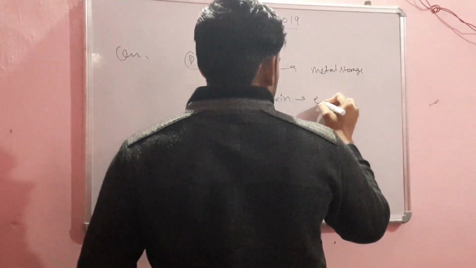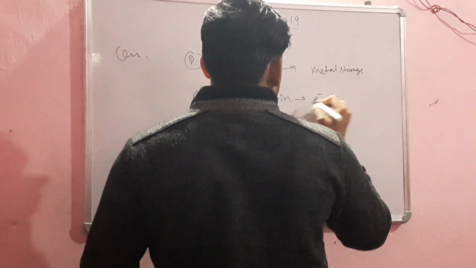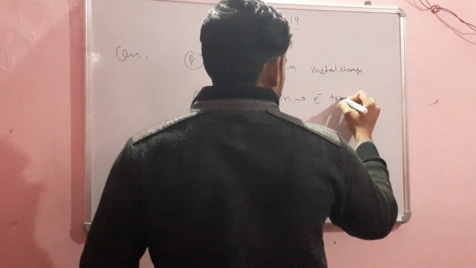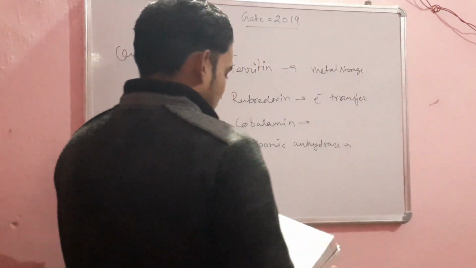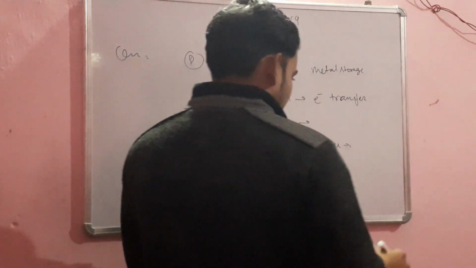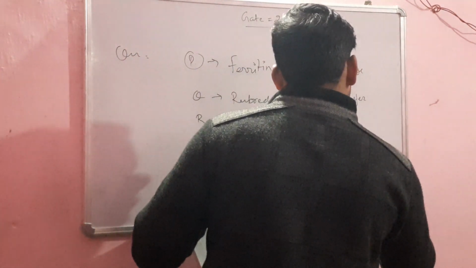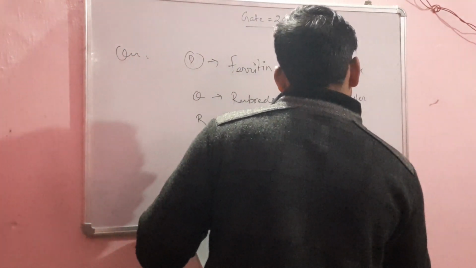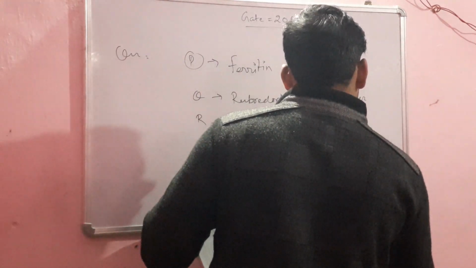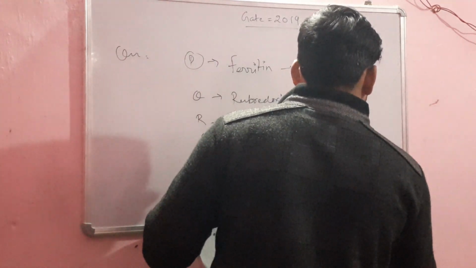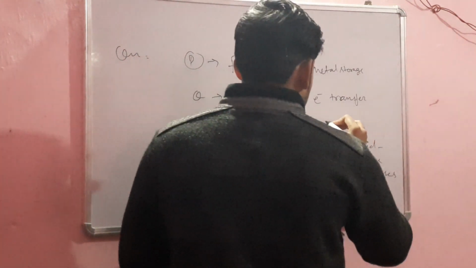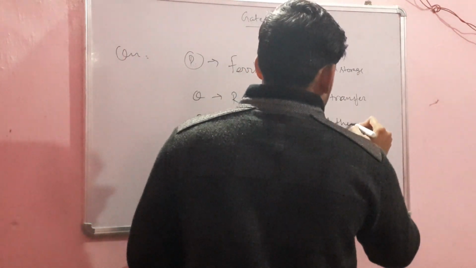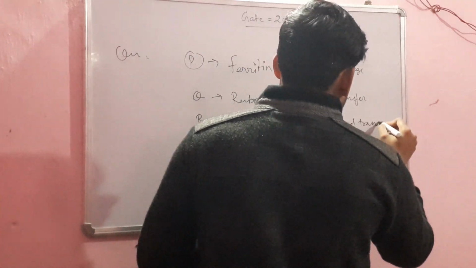Electron transfer is done by rubredoxin. Carbonic anhydrase does acid-base catalysis. In cobalamin we have methyl transfer.